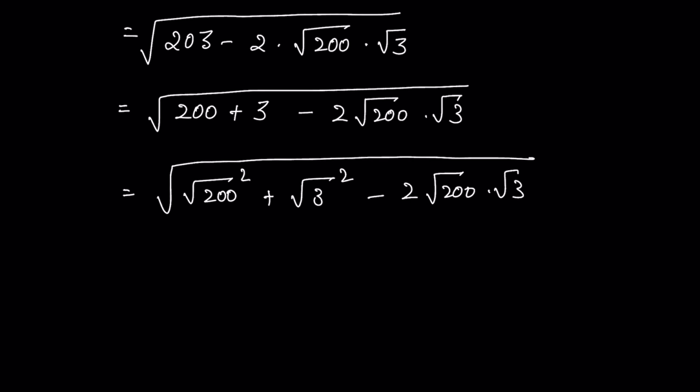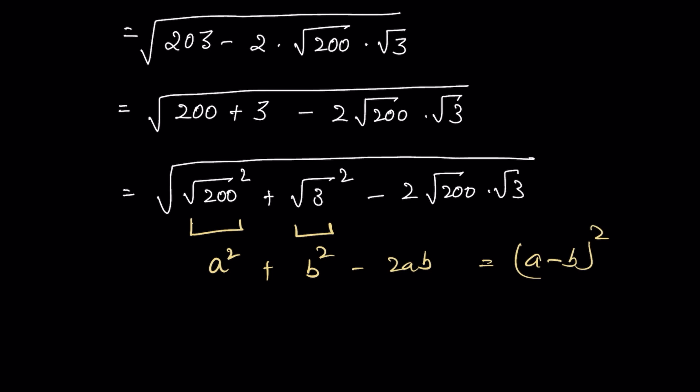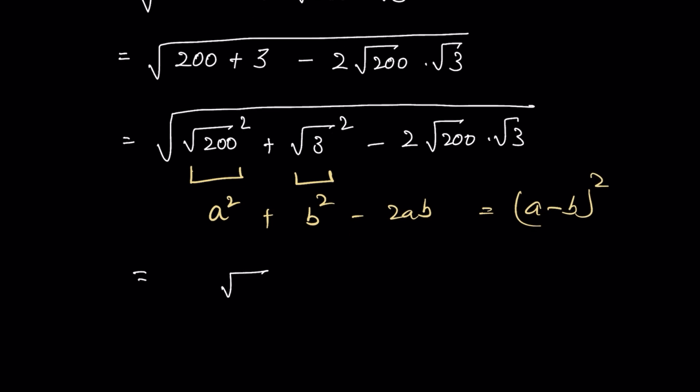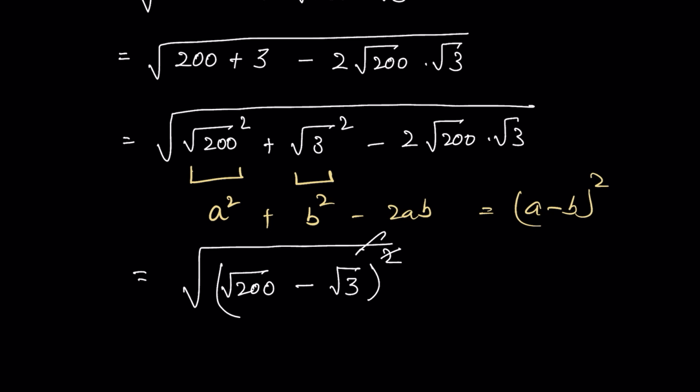Now if you consider square root of 200 as a and square root of 3 as b, then it is in the form of a square plus b square minus 2ab, and this is equal to a minus b whole square. So we write it as square root of 200 minus square root of 3 whole square, then under square root, remove the square root with the square.